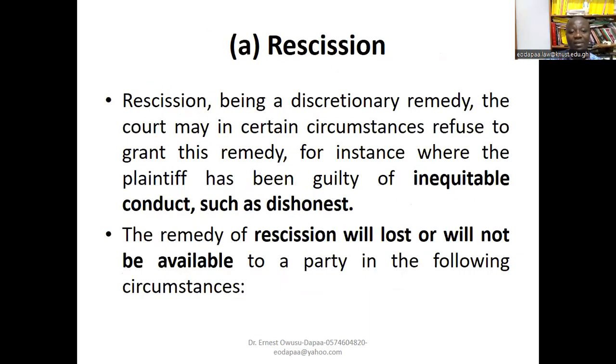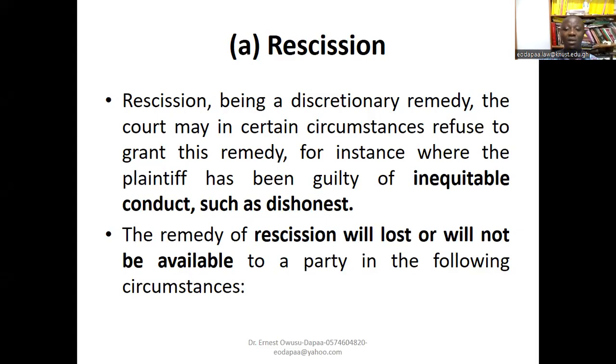So let us keep that in mind. And knowing that rescission being an equitable remedy is really discretionary, if you want the court of equity to exercise discretion in your favor, you must not be guilty of inequitable conduct such as dishonesty. In that regard, the remedy of rescission will be lost.